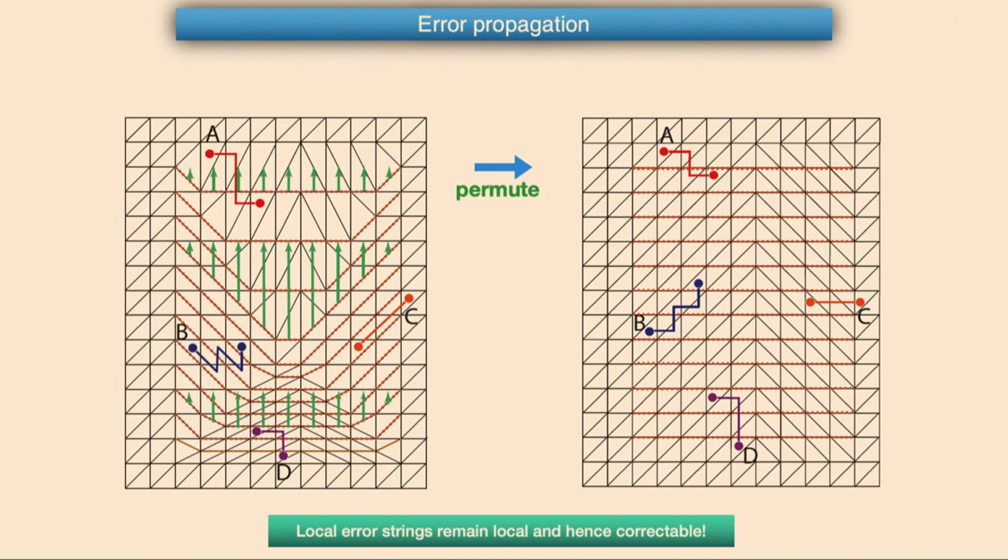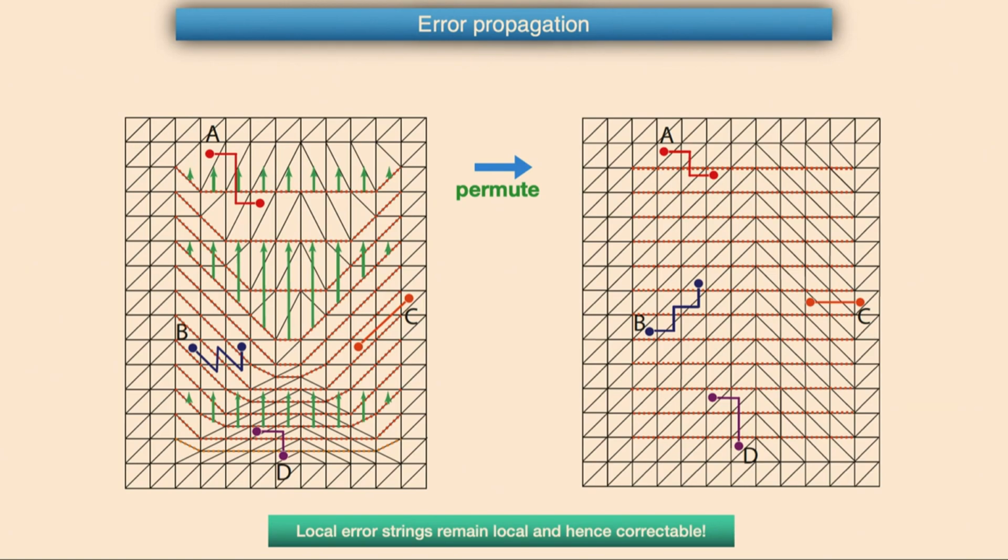So it's a continuous map, but it also changes the local area only by a constant factor. So some region here is mapped to some new region here, but the ratio of the area is always a constant factor, which is independent of the code distance d. So if you have a small error, much smaller than the code distance d, it's still much smaller than the code distance d. So you can correct it.